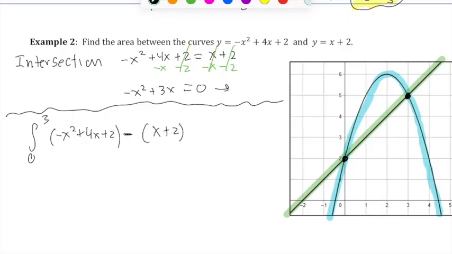And then if I factor out an x out of here, let's factor out a negative x to make it easier. We're going to be left with x plus 3 equals 0. And again, if I set this equal to 0, I get, oh, I'm sorry, I made a mistake.